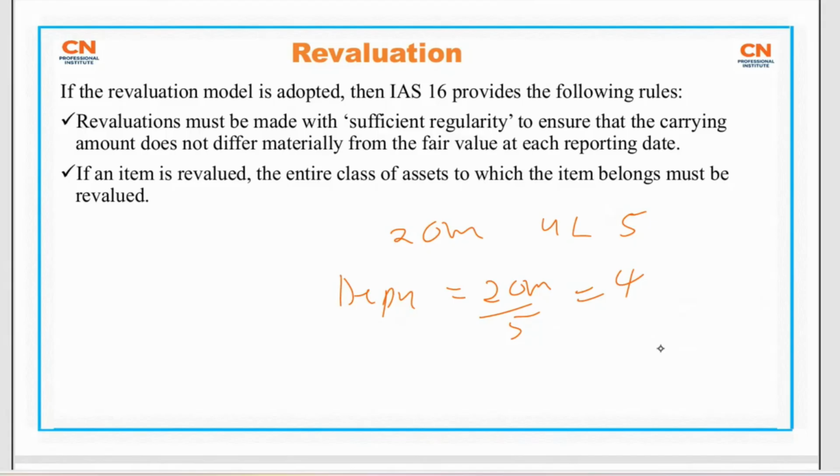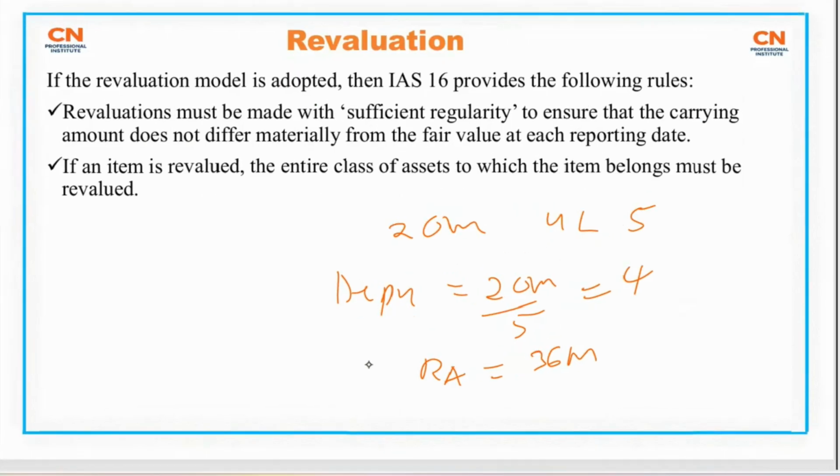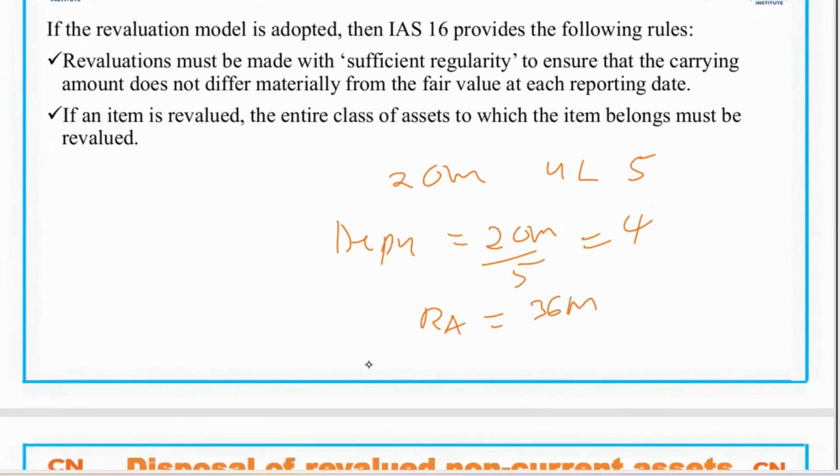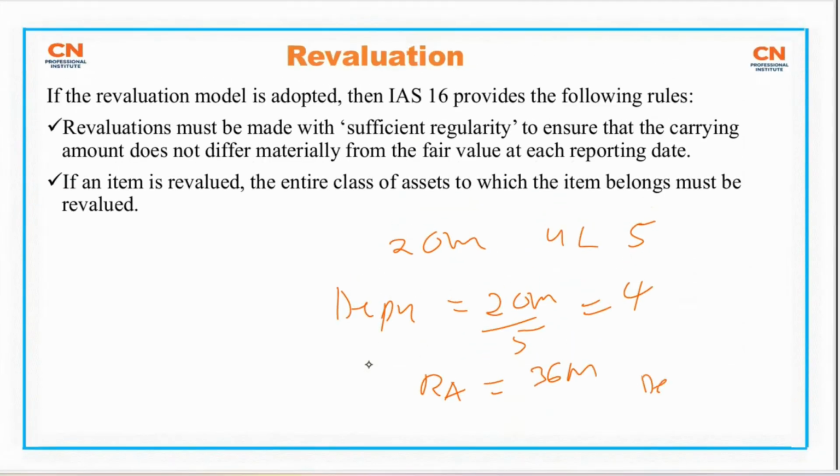Now, let's say you revalue your asset from the current value, that's the 16, to, let's say, 36 million. You have revalued to 36 million now. So let's charge the depreciation. Your new depreciation will be the 36 million over the remaining useful life, 4 years.